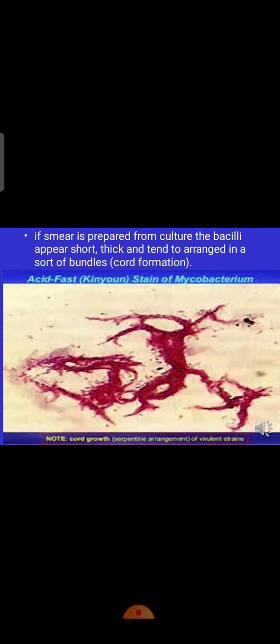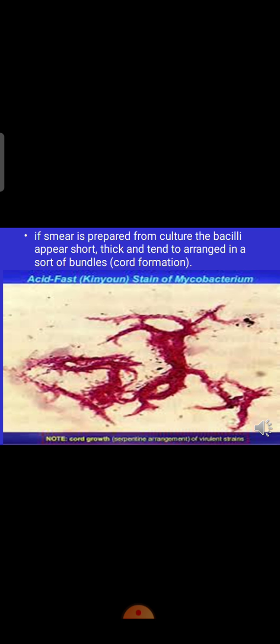If the smear is prepared from culture, the bacilli appear short, thick, and tend to arrange in a sort of bundle. This form of arrangement is called cord formation. The cord growth, the serpentine arrangement, occurs in virulent strains of Mycobacterium tuberculosis due to the presence of a special type of mycolic acid, the trehalose dimycolate, which allows the bacilli to be arranged in a sort of bundle.